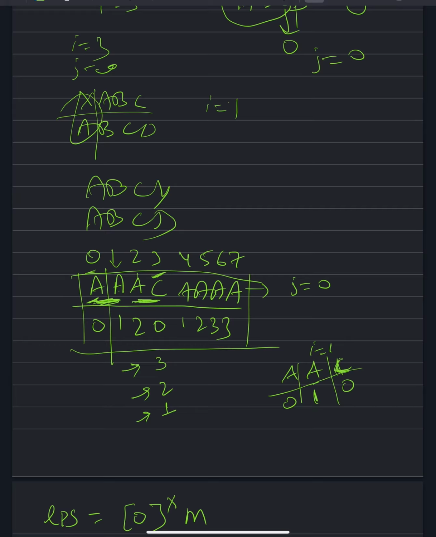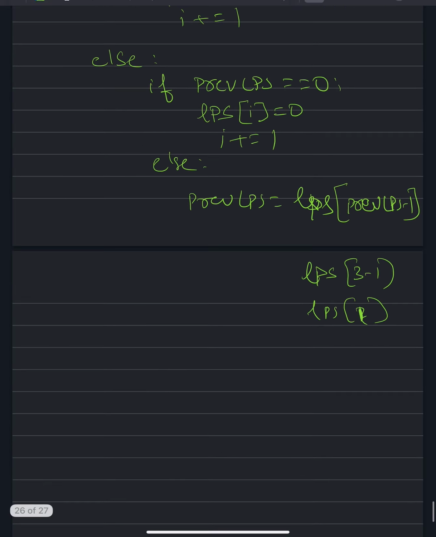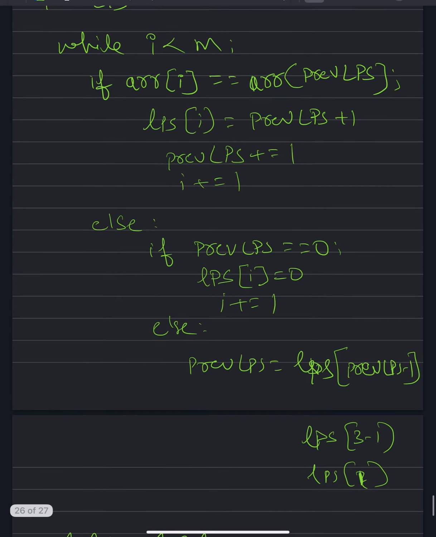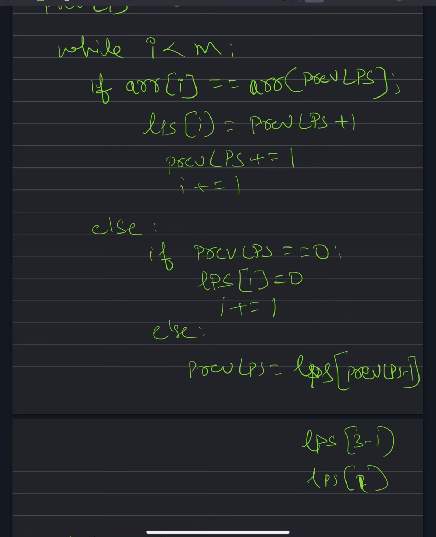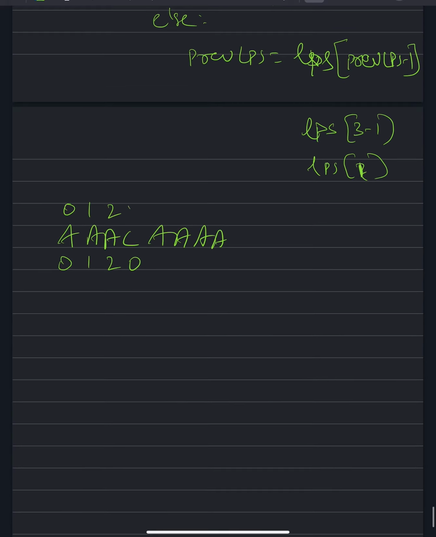Now let's move ahead in this same example so that you get a better idea. C, A, A. In this case, it's 0, 1, 2, 0. Now it's 0. What does that 0 mean here? It means previous LPS is 0. Now i equal to 1, 2, 3, 4.